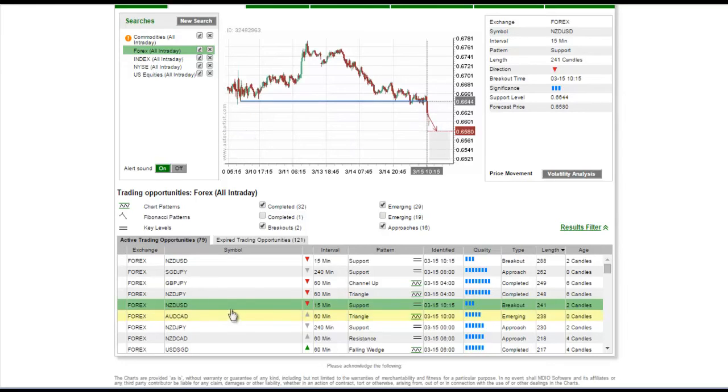So it's a really good filter to have when you have a lot of active trading opportunities. You're going to see the same information in your MetaTrader plugin. You'll go chart to chart and say, this pattern formed over a short period of time, this pattern formed over a long period of time. But the web app sums this up for you so much quicker, and you can sort it so much faster.